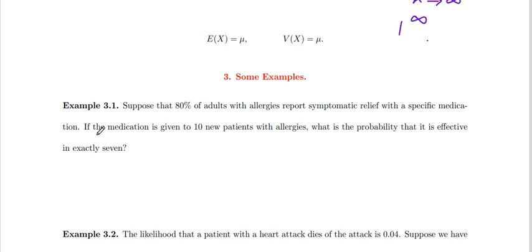For this one, if the medication is given to 10 new patients, what is the probability that exactly 7 are effective? Among 10, the good thing happens 7 times. So this is a binomial distribution, right?